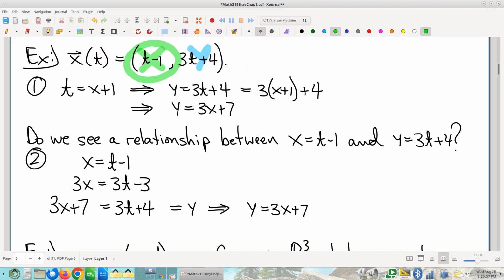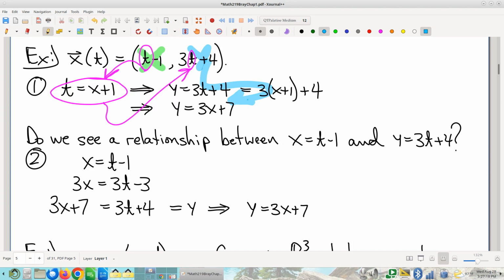And if you then solve for t, you get that. And having solved for that t, if you plug that into this formula for y, it turns into this. So solve for t in one of the equations, plug it into the other equation.